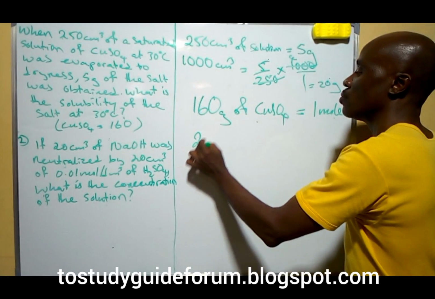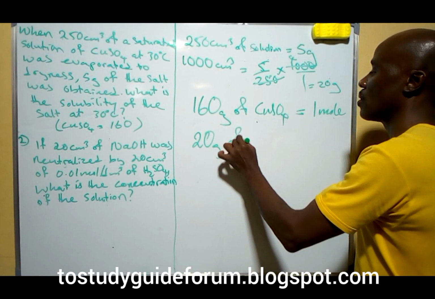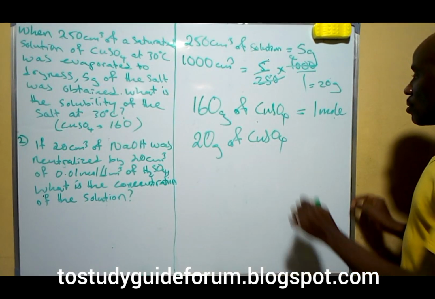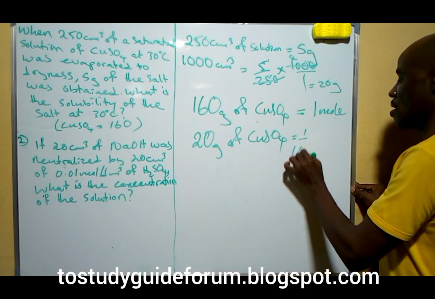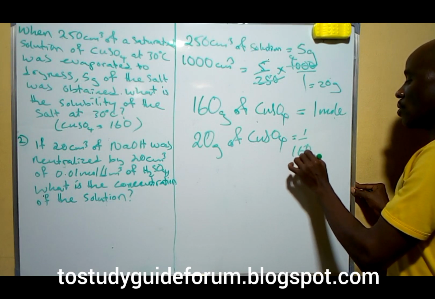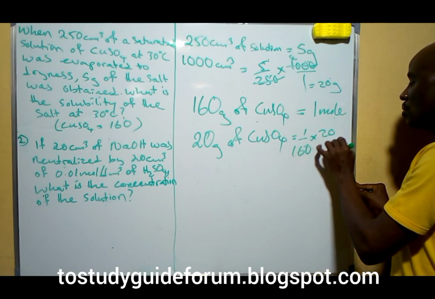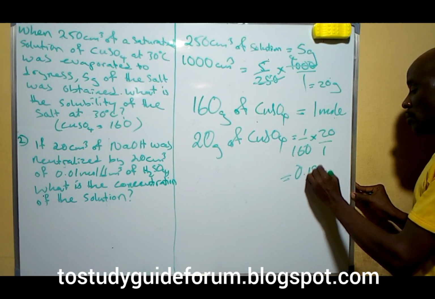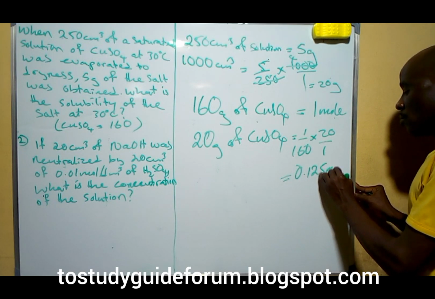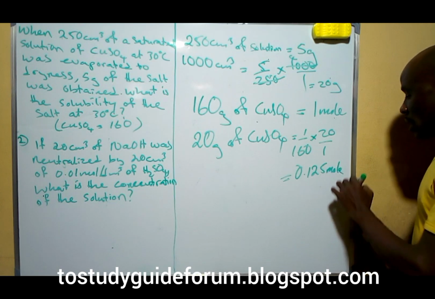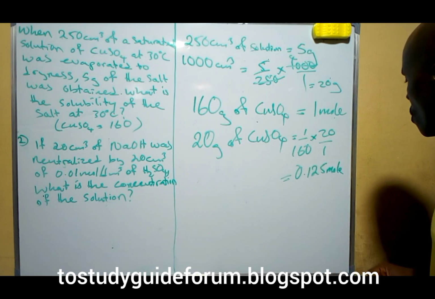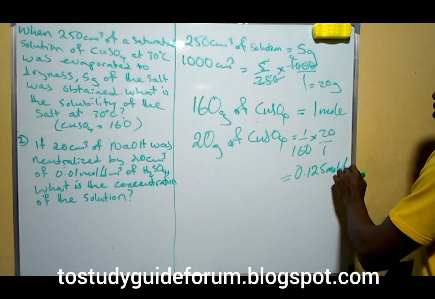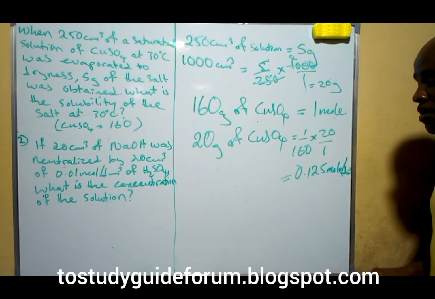Now 20 grams of copper sulfate will be 1 over 160 times 20 over 1. That will be 0.125 mole, that is 0.125 mole per dm³, or mole per liter.